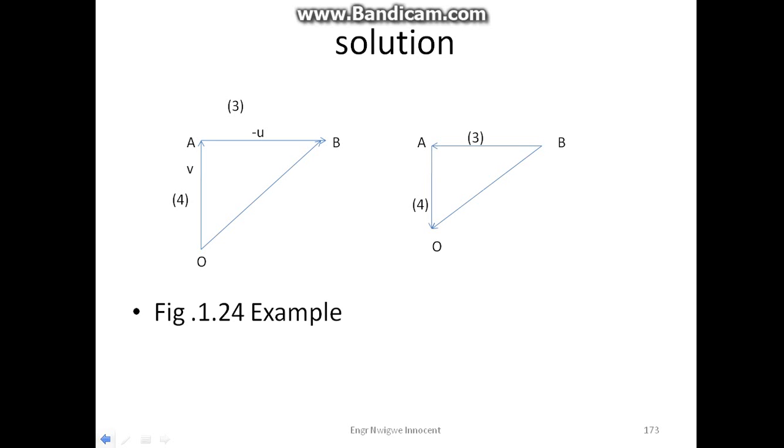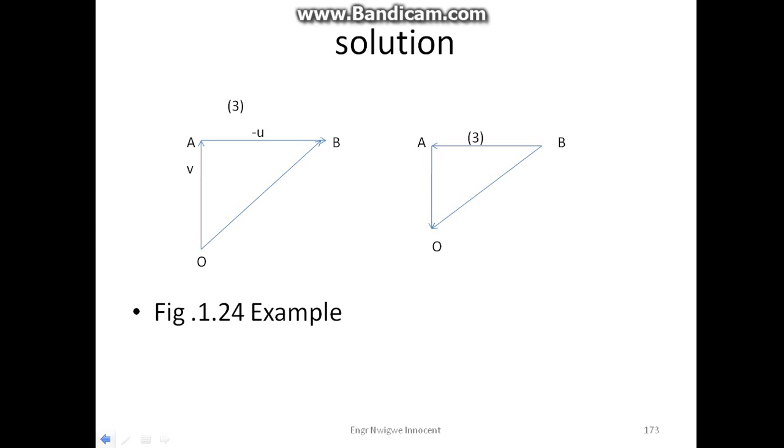So, since the man is moving in the direction of AO, AO will represent the direction of the man, followed by AB, which is the direction of the stream, moving at 3 km/h. Then OB will now represent the resultant of the movement of the vector.